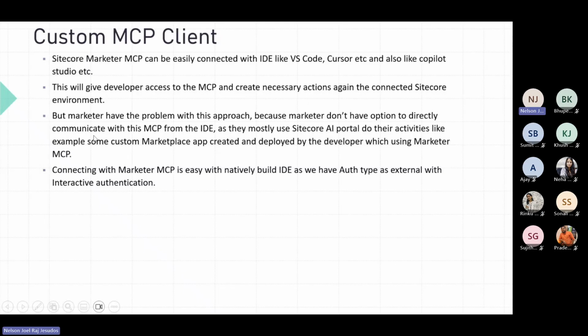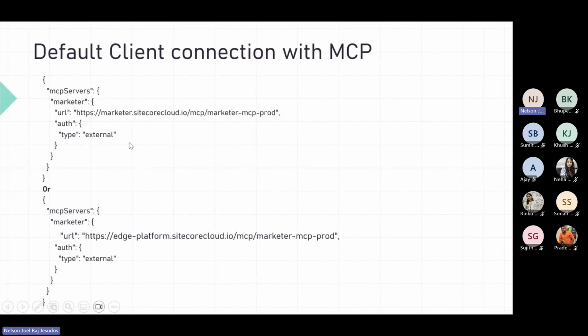One more thing: if you are a marketer, you are never going to use VS Code to communicate with Sitecore. At the end of the day, they have to look for some kind of application which can communicate with Sitecore. That is important for us, so that is where we will be creating an app which will help the marketers communicate with Sitecore.